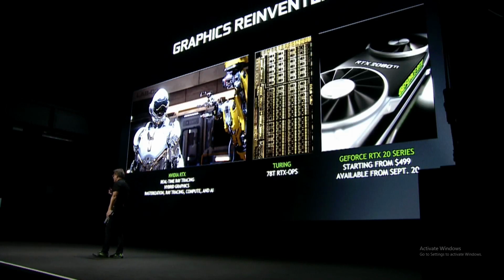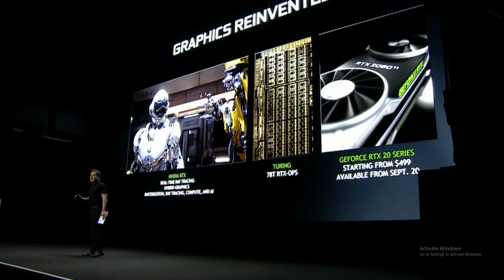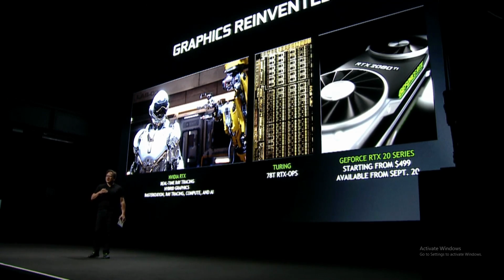The Turing, the largest generational leap in the history of our company. The most important new GPU we've created in 10 years since CUDA. 78 tera RTX ops, 78 trillion ops. Basically, changing things so dramatically, we have to change the way that we talk about performance.